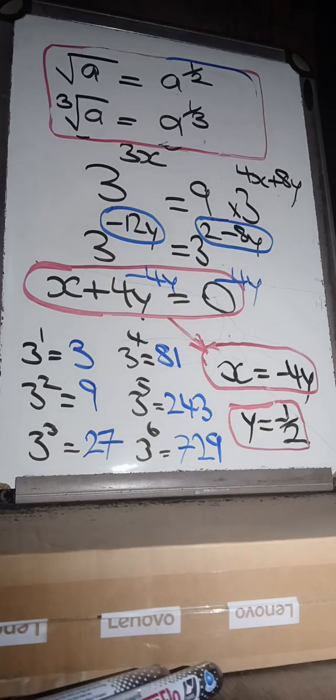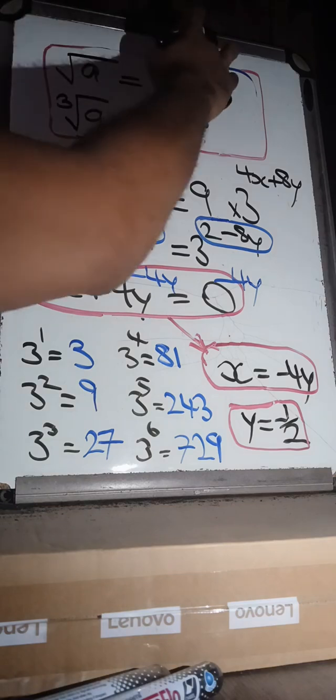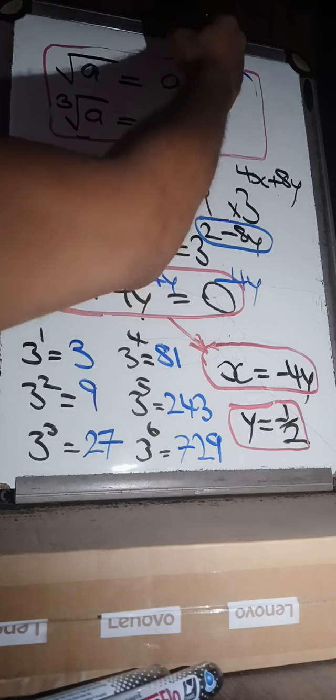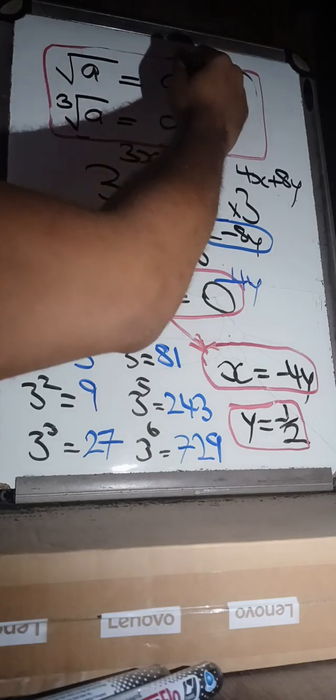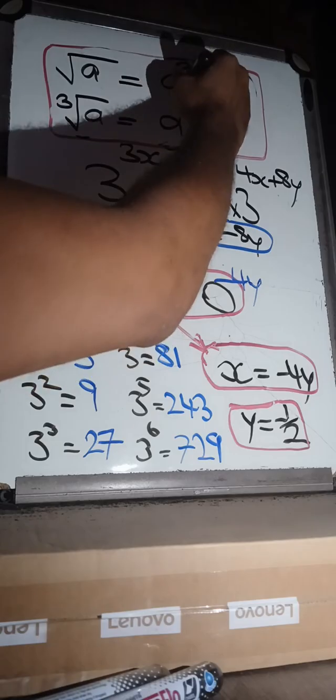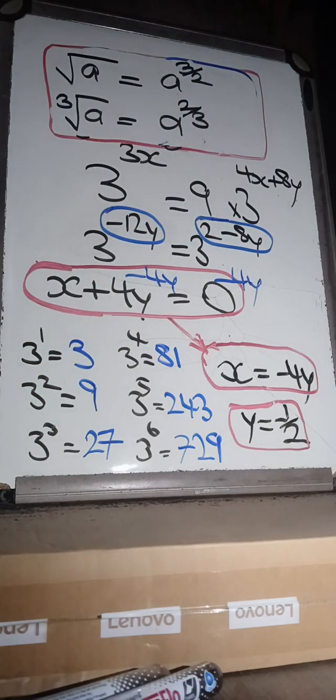Now there are times when they get clever with these a lot of the time. Because sometimes they say, what about if I wanted you to find A to the 3 over 2 and A to the 2 over 3? What would that look like? Well, imagine it like this.